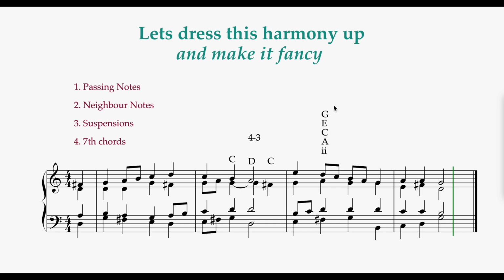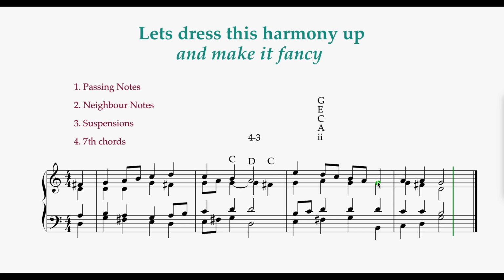So we can always work out what the 7th is. Now, of course, this chord here is in first inversion on the first beat of the 4th bar. So I'm going to move the alto up to the G. And that's going to be a 7 to 6 suspension, but I'm going to hold it and resolve it onto chord 5.